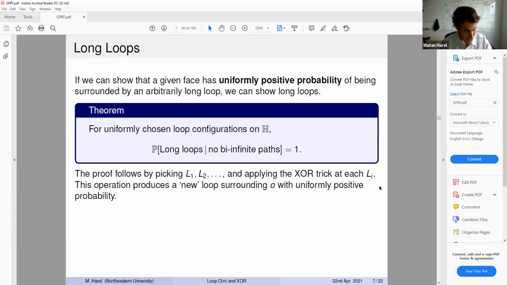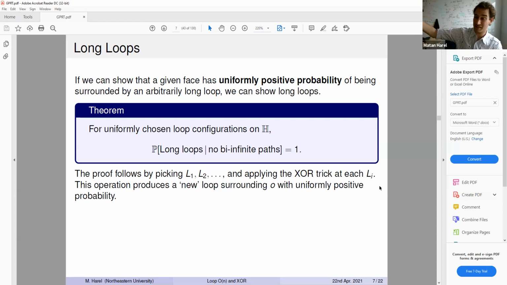It's a good idea, but there's an issue here, which is that it's possible that if I XOR at L1 and then XOR again at L2, the second XOR will destroy the loop that I made the first time. And I just have an alternating case of 1 loop, 0 loop, 1 loop, 0 loop. What you do instead is space these L_i out so that with good probability, let's say at least 3/4, when I XOR at the level L1 and then XOR at the level L2, the second one doesn't destroy the first one.